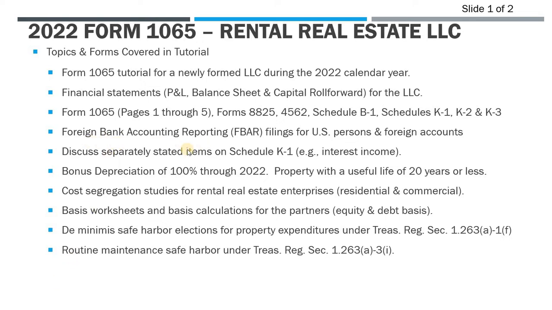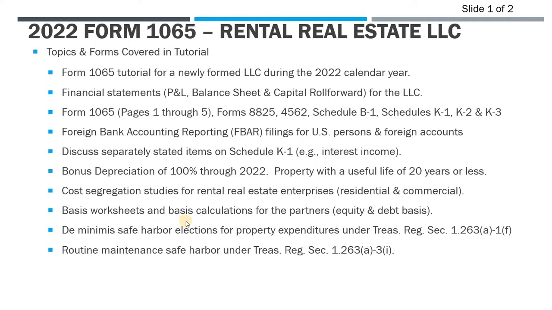Now we'll also talk about FBAR or foreign bank account reporting. So this company opened a foreign bank account, so that's an issue for them. Separately stated items on the K1, so the interest income pieces, we'll talk about that, and when we get to the K2 and K3. Bonus depreciation, so we're going to show how that's being used following a cost segregation study. Very, very helpful tools to try to lower your rental real estate net income for the period, try to help save on taxes.